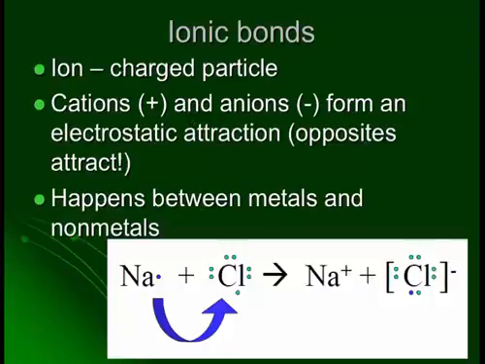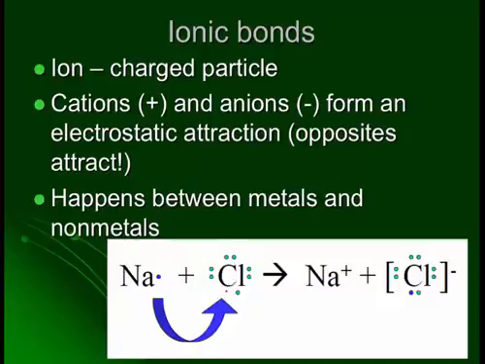So we know that an ion is a charged particle. We have our cations, which are positive, and anions, which are negative, and they form electrostatic attractions, meaning that opposites attract. And it actually forms a very, very strong bond. This happens between metals and nonmetals. So as you can see in this little picture here, sodium has 1 valence electron, which it donates to chlorine, which has 7.